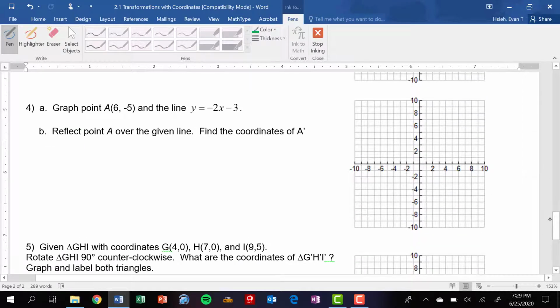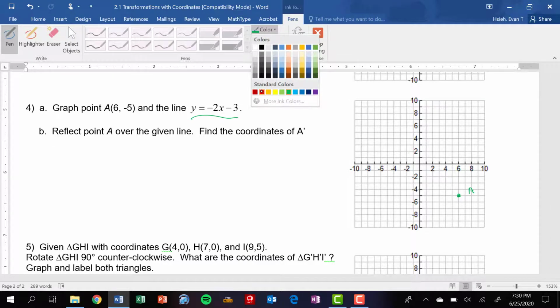Let's take a look at number 4. Number 4 is kind of a similar problem to this. Let's graph these points and the line. So if I take this point, 6, negative 5, it's right there. And let's graph this line. Negative 3 is the y-intercept.